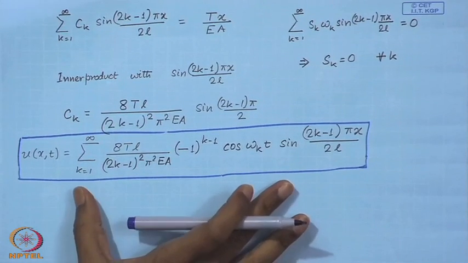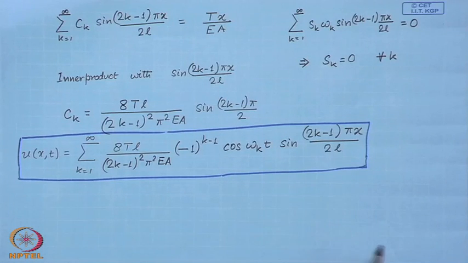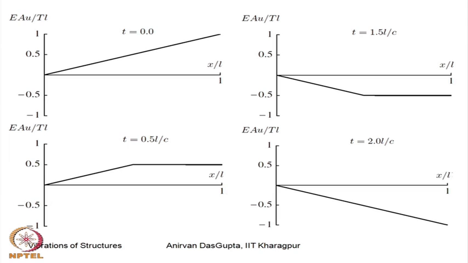Now this solution I have plotted at certain time instants in these sets of figures. So, you see at time t equal to 0, this is the actual displacement of the bar.